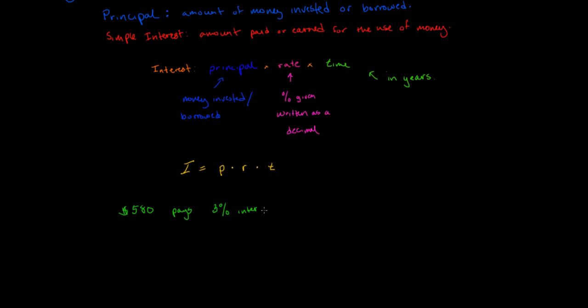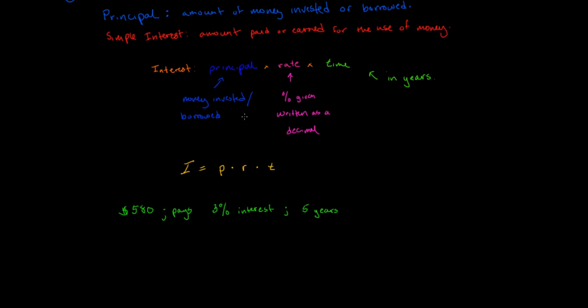And you'd like to know how much interest you're going to make in 5 years. So if you leave that $580 in the bank for 5 years, how much money are you going to have after that 5 years? Or how much interest will you earn in 5 years?